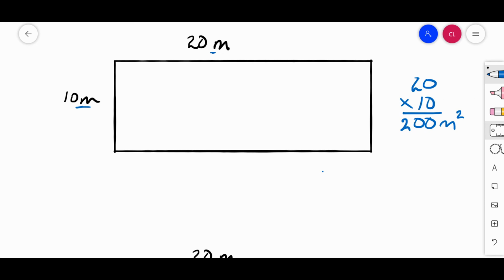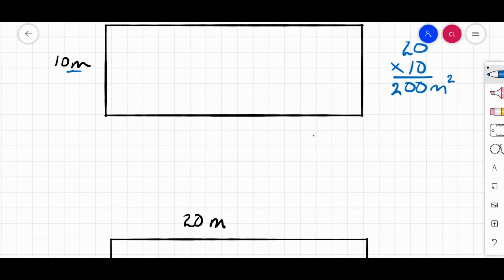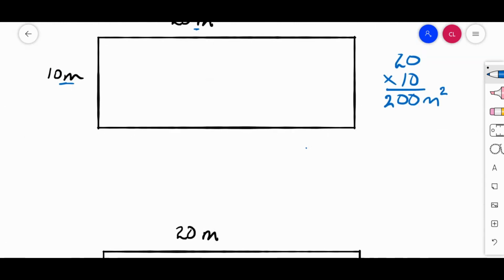Now, they want us to say what half of this would be. So if I have 200 and I cut it in half, which means I divide it by 2, then I will have 100 meters squared for the boys, and then 100 meters squared for the girls.